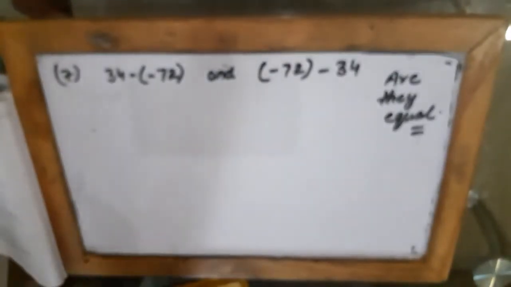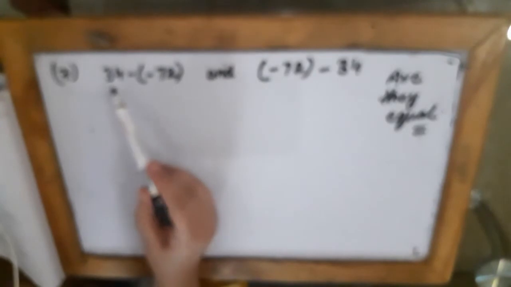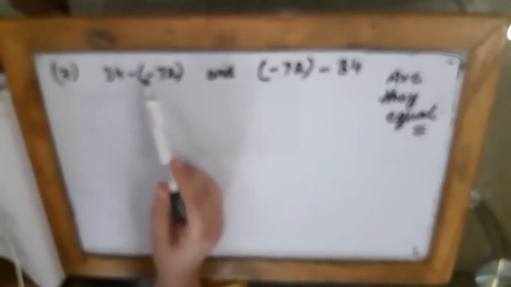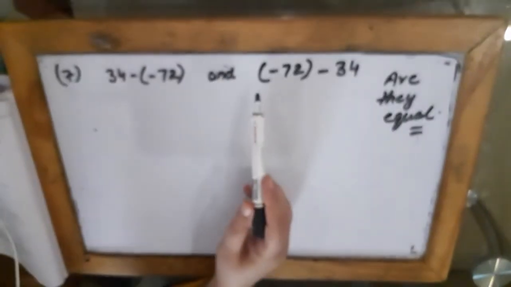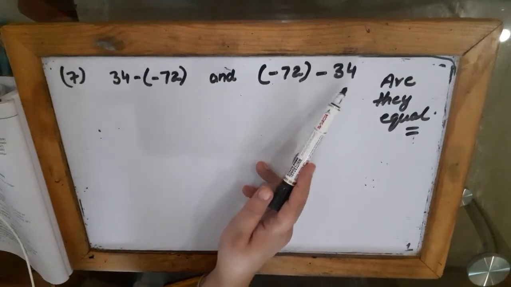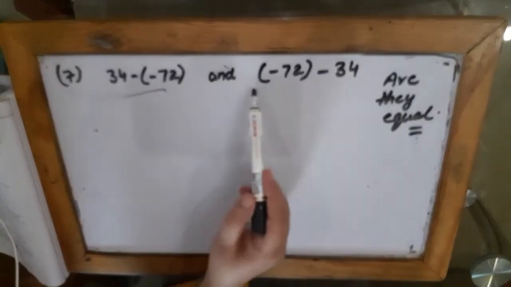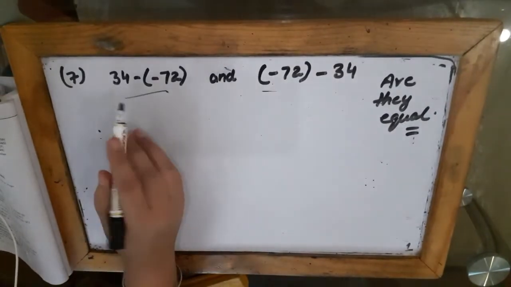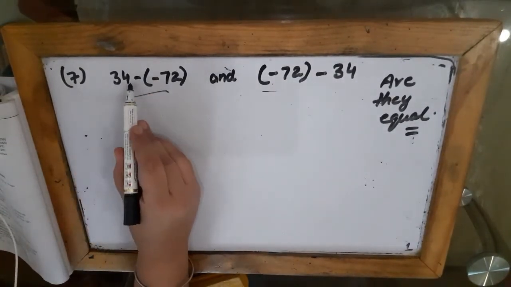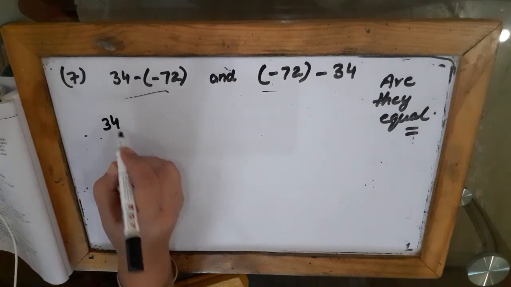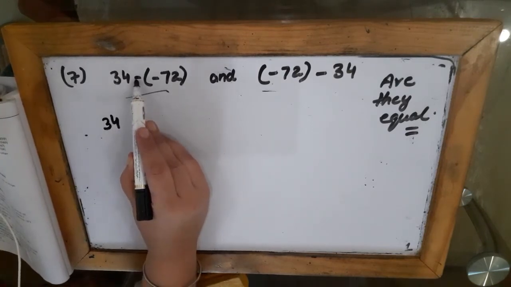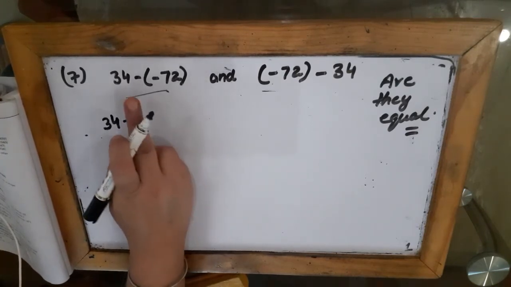Now I come to the seventh question. In this they are saying 34 minus negative 72 and negative 72 minus 34. Are both of them equal? Let's solve them. I will solve this first. 34, this is a sum of subtraction.